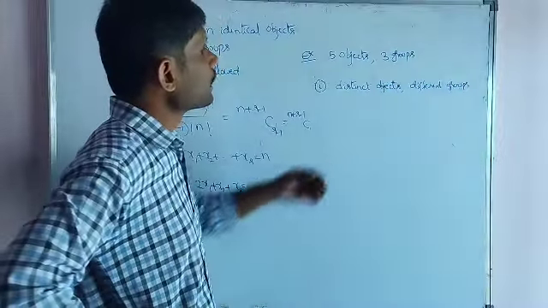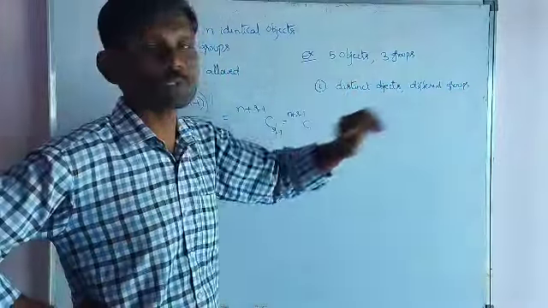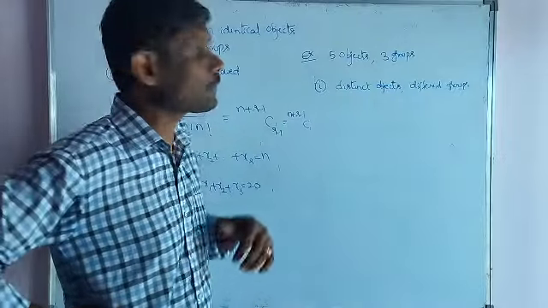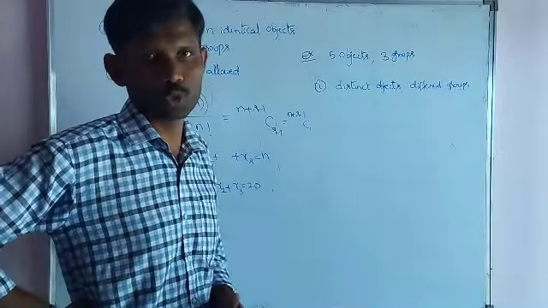First condition: objects distinct, groups different. In how many ways can we distribute the objects into groups?